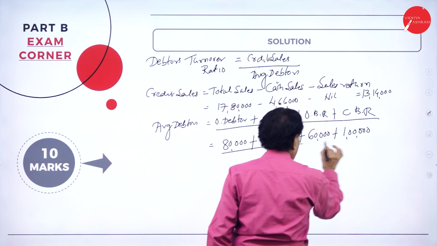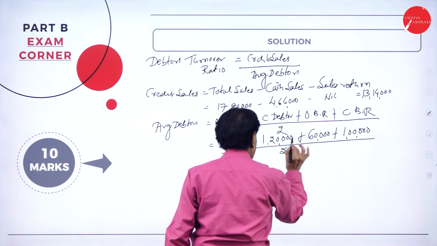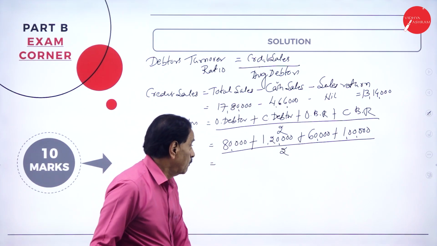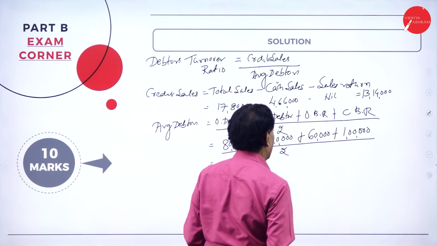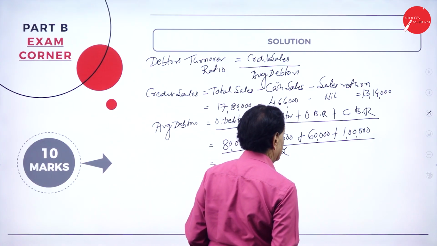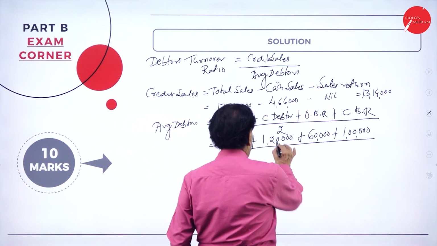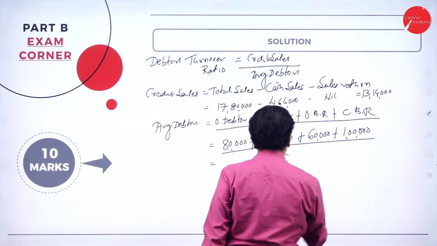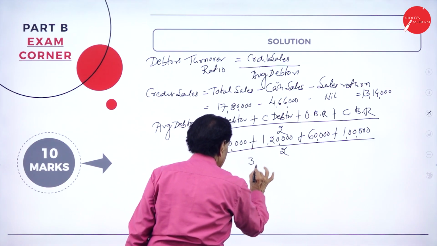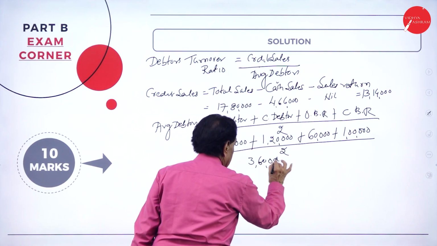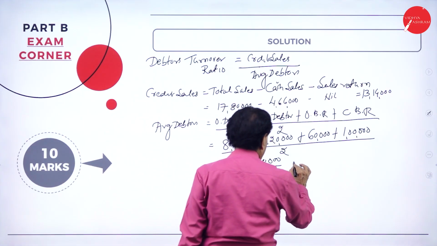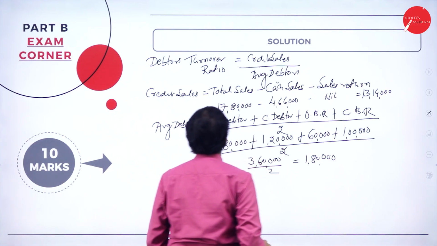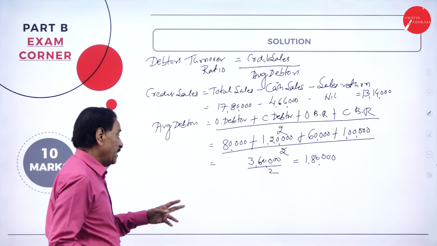Whole divided by 2 is equal to 1,20,000 plus 80,000 is 2 lakh, 2,60,000, 3,60,000, divided by 2, 1,80,000. This is your average debtor.